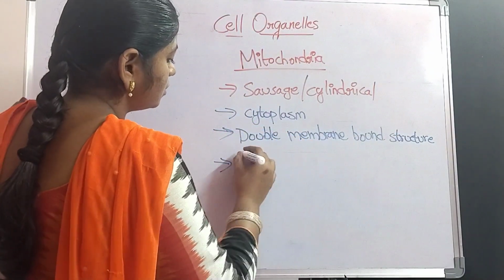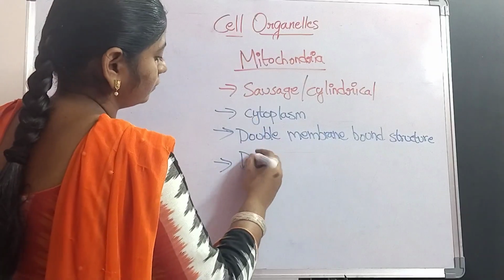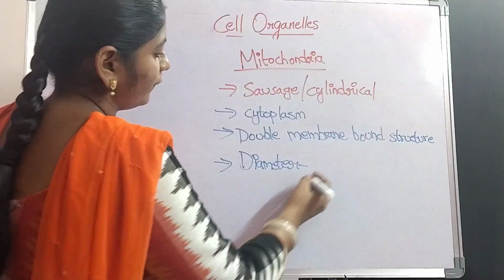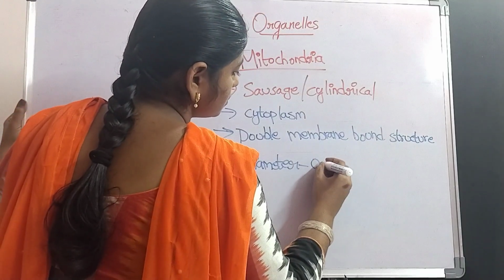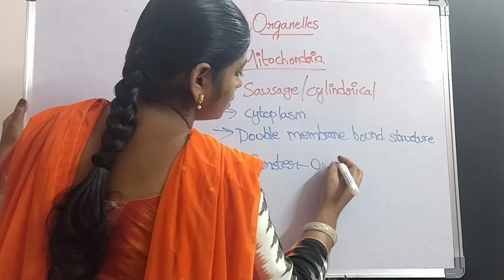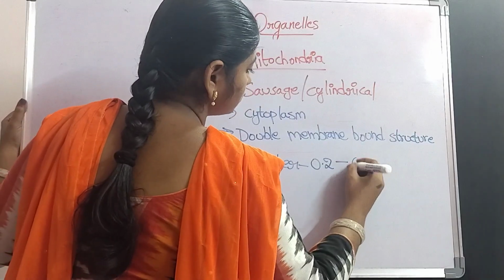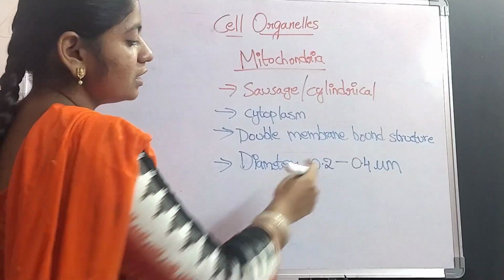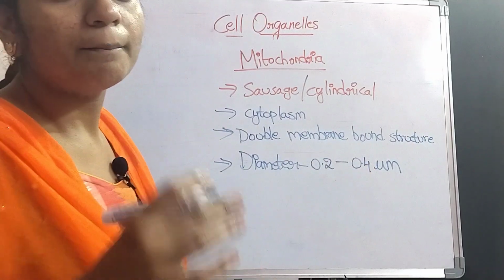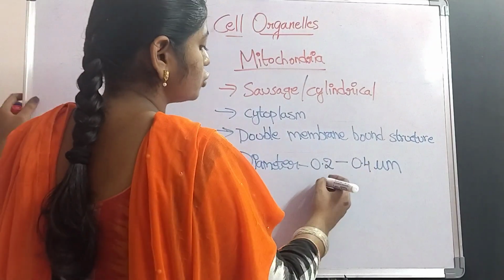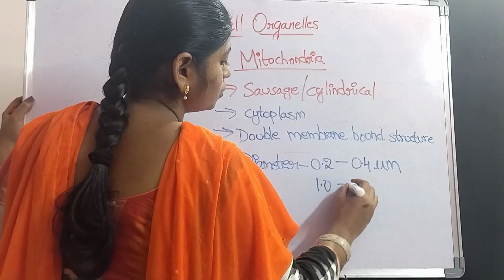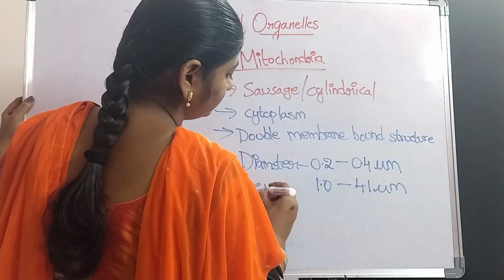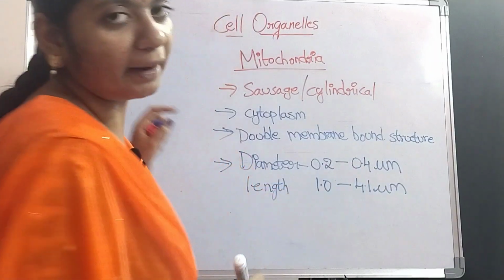And coming to the size of the mitochondria, the diameter ranges from 0.2 to 0.4 micrometers, and 1 to 4.1 micrometers in length. These are the measurements of the mitochondria.